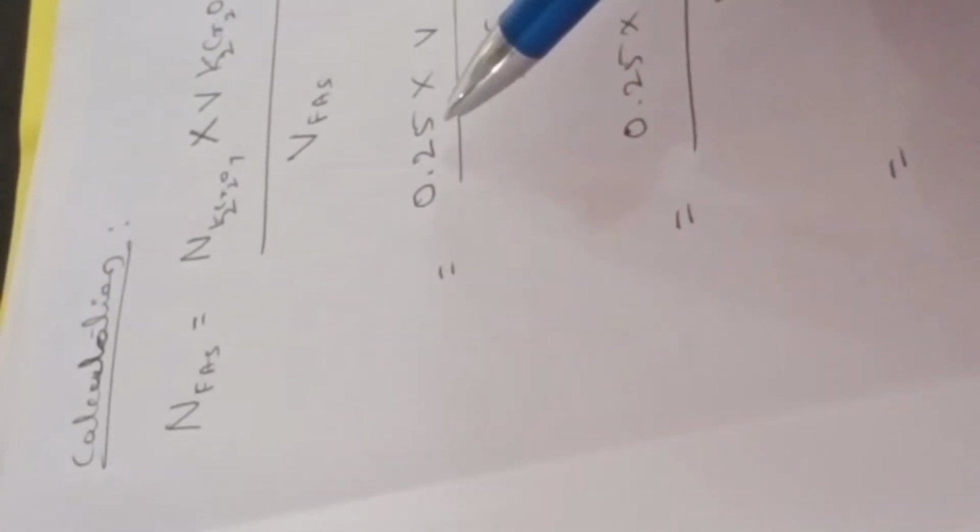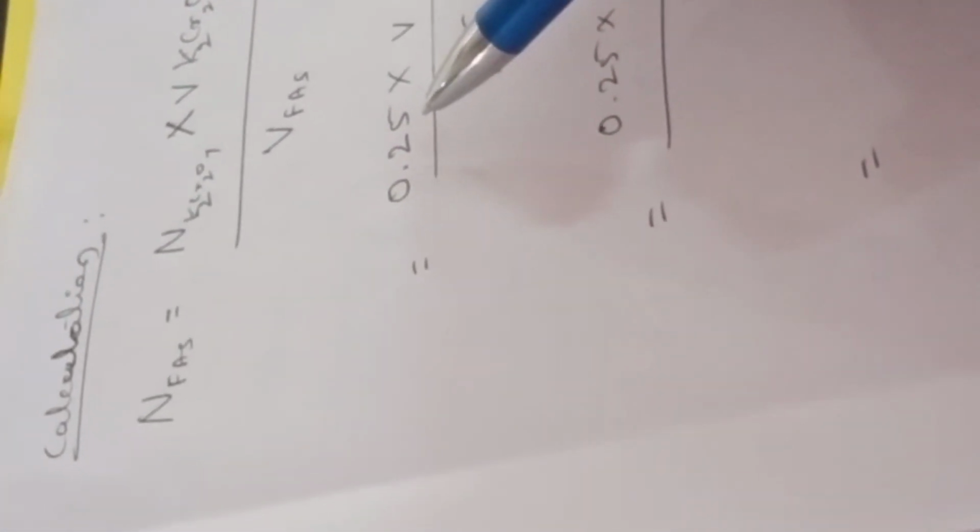Now take this V value, V equals 5, and substitute it in the calculation part. Here there is a formula. We first have to find the normality of FAS. Normality of FAS is equal to normality of potassium dichromate into volume of potassium dichromate divided by volume of FAS. We know the normality of potassium dichromate is 0.25, and V is obtained from the graph.